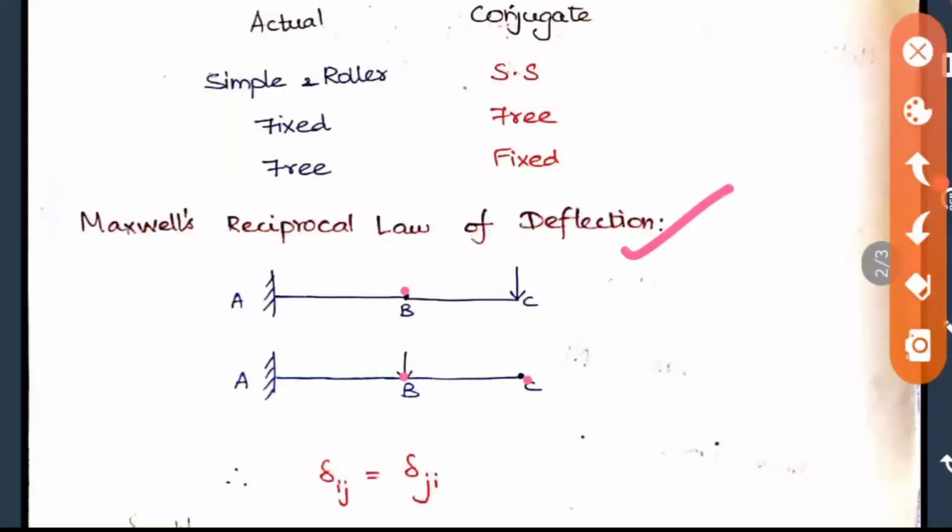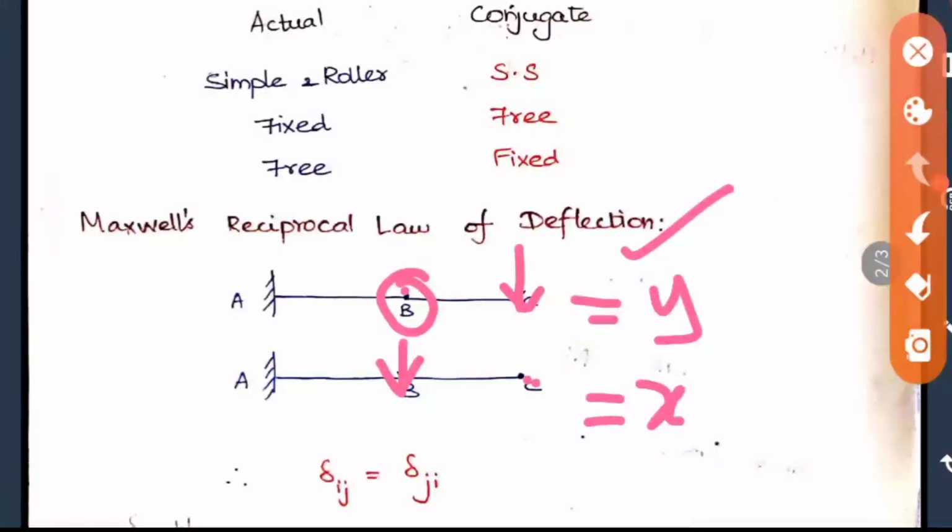What they are telling in Maxwell's reciprocal law is, when you apply a load at C, the deflection caused at B is equal to Y, and when you apply a load at B, the deflection caused at C is equal to X, then this X and Y will be the same. This is what Maxwell's reciprocal law of deflection says.